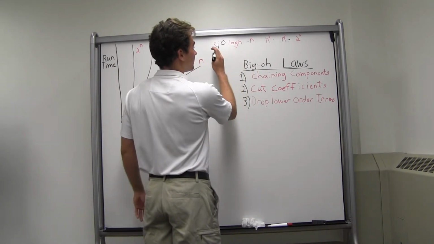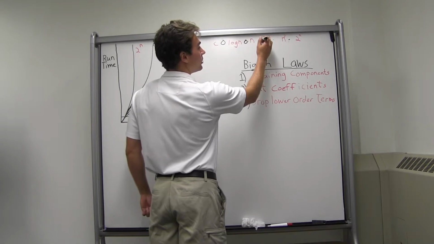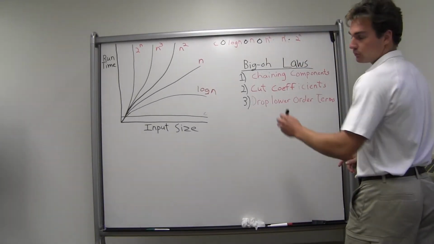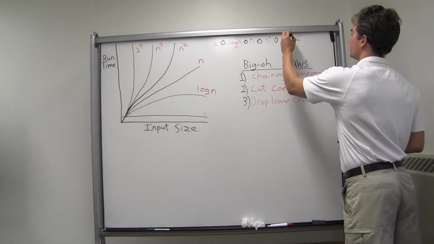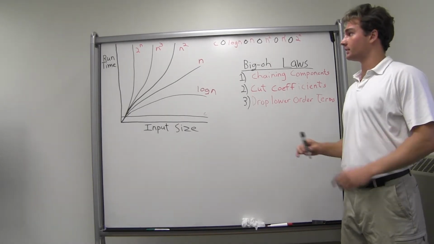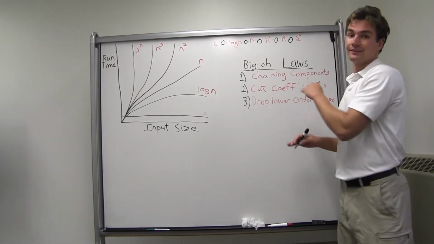So now we have constant is big O of log n, big O of n, big O of n squared, big O of n cubed. All big O is saying is that the function to the left is growing no faster than the function to the right. That's all it is.